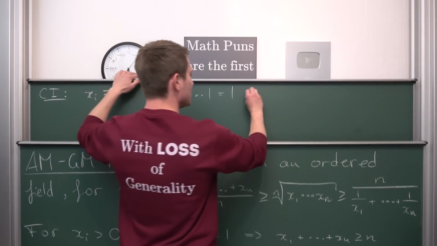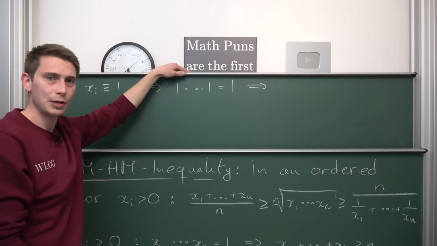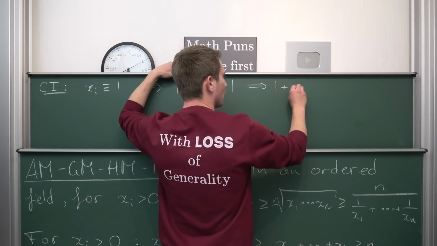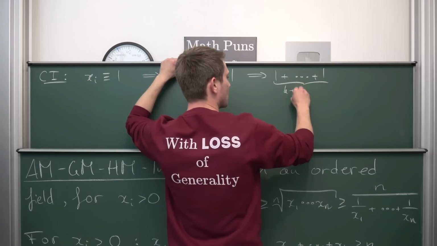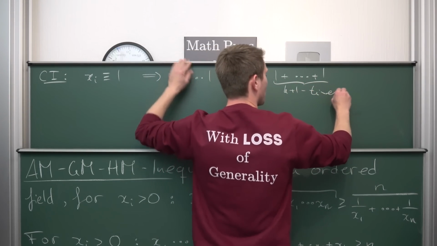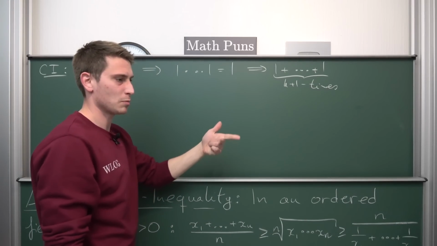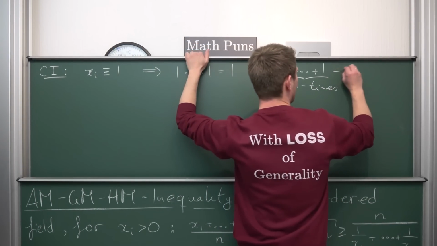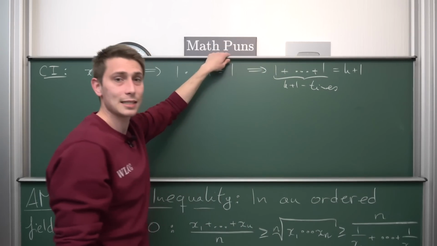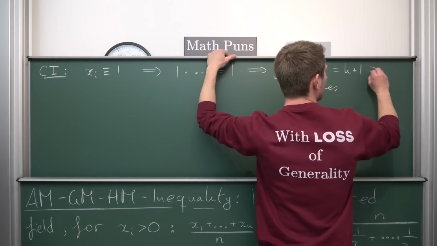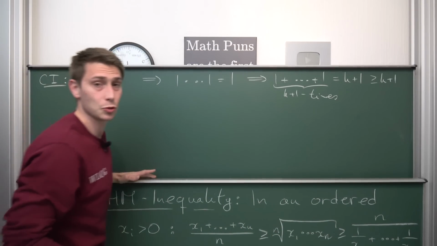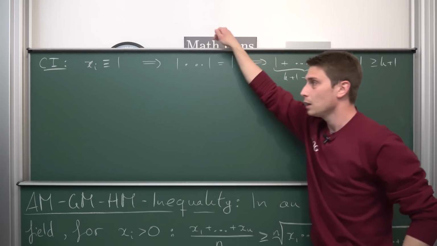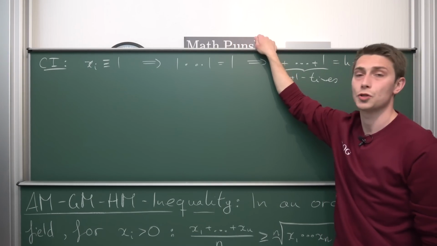And this right here is going to imply in the process that if we add all of our samples together, 1 plus 1 plus 1, k plus 1 times, this is just going to be k plus 1. And this right here is obviously, trivially, greater or equal to k plus 1. Meaning, if all of our samples are identically equal to 1, then our induction hypothesis actually holds, which is good.